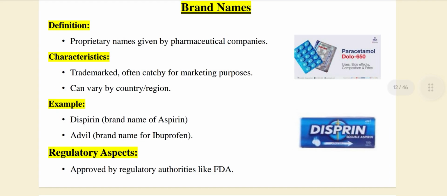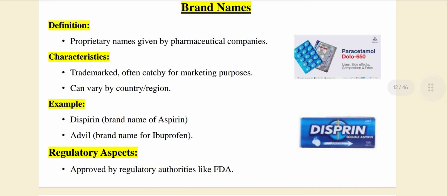The third one is the brand name. Definition: proprietary names given by pharmaceutical companies. Characteristics: they are trade marks and trademarks, often chosen for marketing purposes, and can vary by country and region. Examples: Disprin is the brand name of aspirin, and Advil is the brand name for ibuprofen.